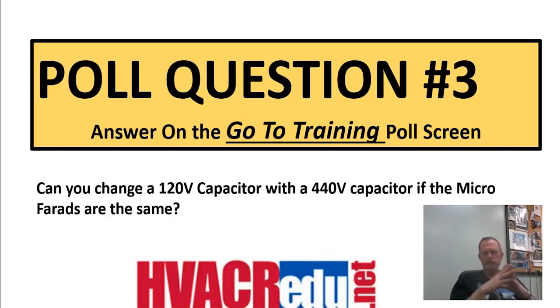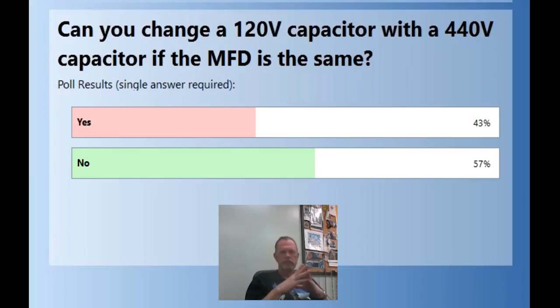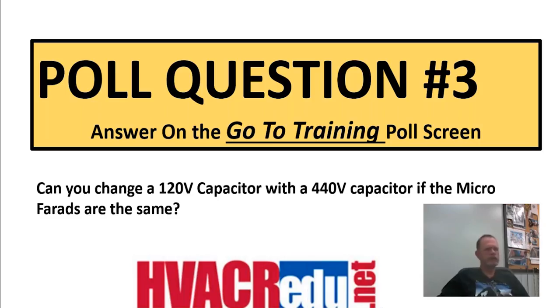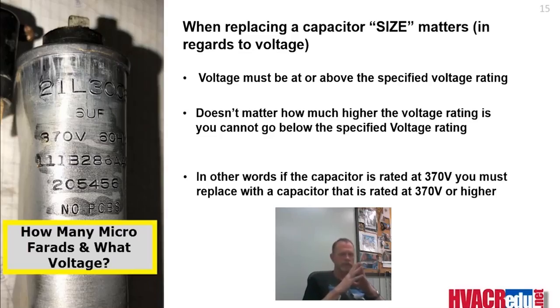As a matter of fact, 57% said no, 43% yes. Yes, you can. What you can't do in changing the capacitor is go down. For instance, this capacitor in the image on the left says it is a 6 UF, meaning microfarad, and it's a 370 volt capacitor.